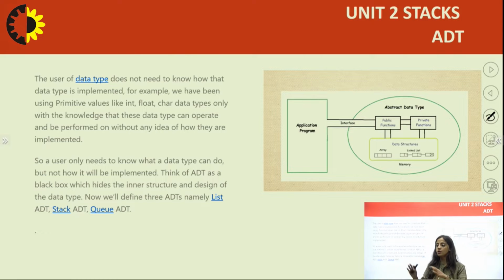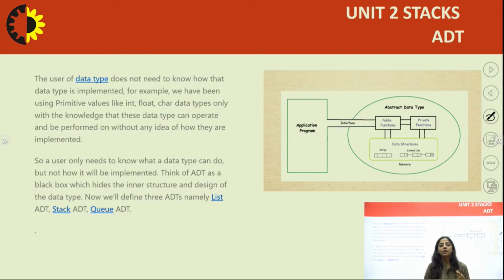No. You just go to a mobile shop and purchase your phone without having knowledge of the working of the mobile. You know how to operate it, but whatever is going on inside your mobile is hidden from you. That is what we call abstraction. Abstraction basically means hiding the implementation part and only showing the essential part.